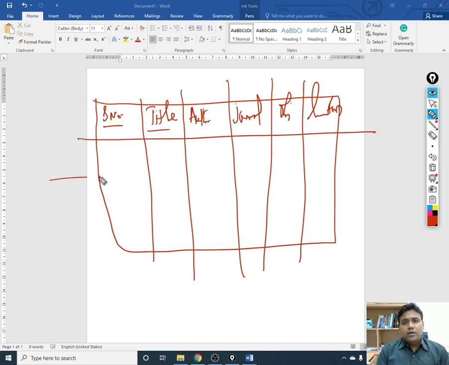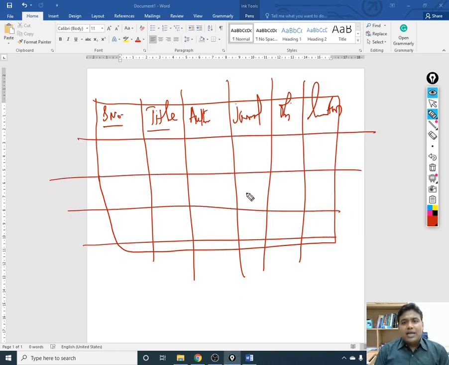So when you create this table, try to search for the author who is the renowned one.